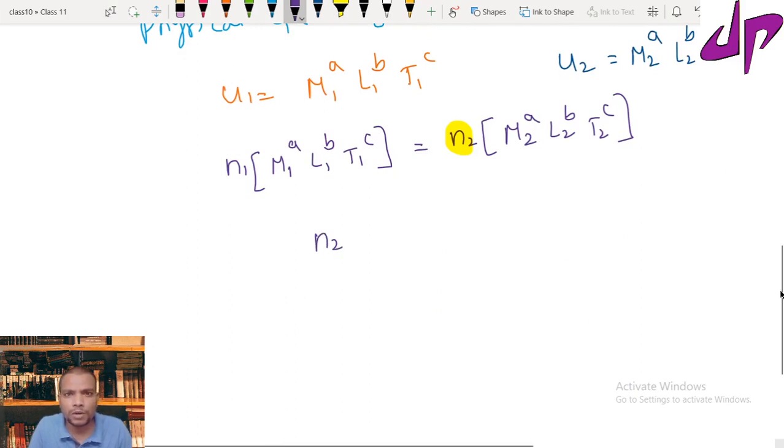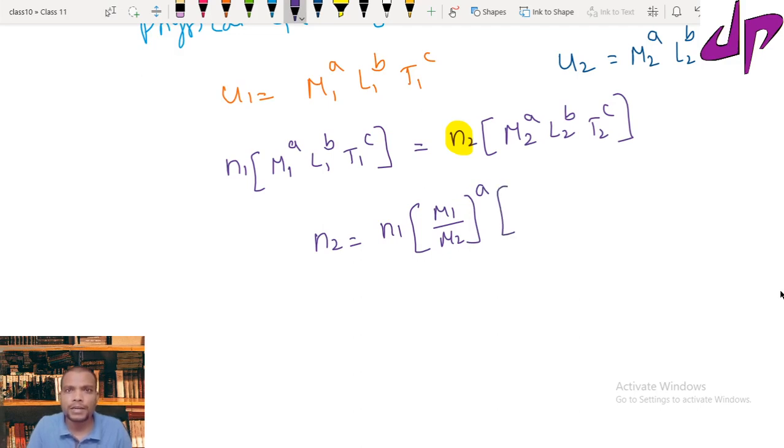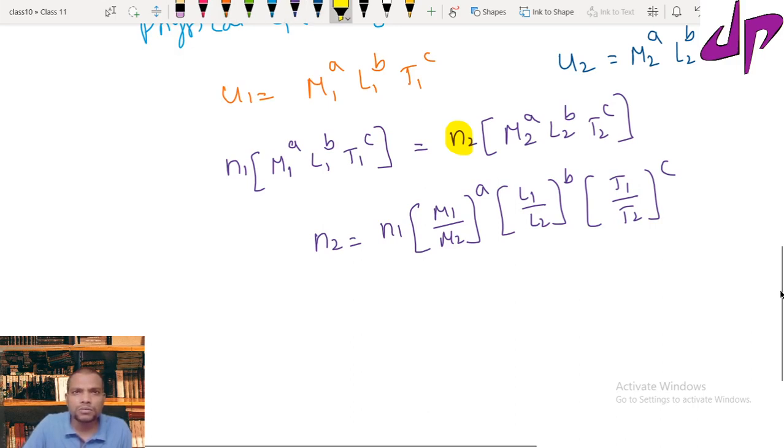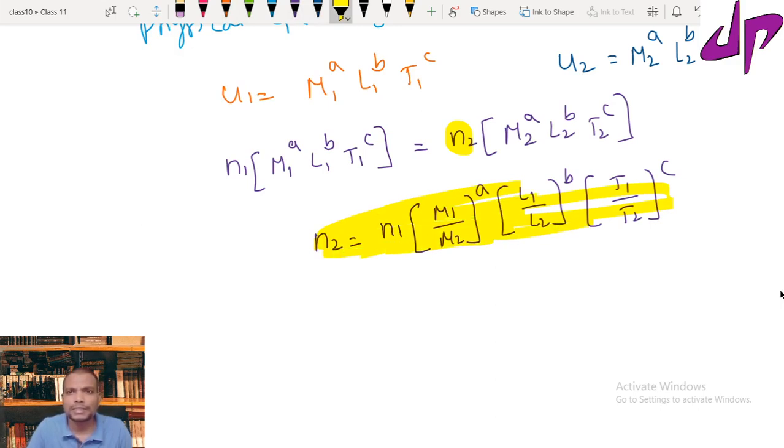Therefore N2 equal to N1 of, now we can divide one over other, M1 upon M2 power A, and L1 upon L2 power B, and T1 upon T2 power C. Now if we do this much, we can get how many dynes will be equal to 1 Newton.